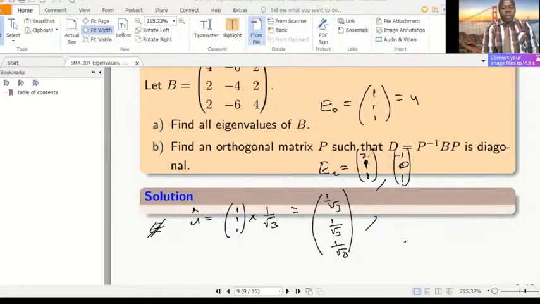Okay, now let's normalize this. I want to call it B. I want to call it normalized B. The length here, I can see, is 9 plus 1, 3 squared plus 1 squared. It's root 10. So 3 out of root 10, 1 out of root 10, and 0.